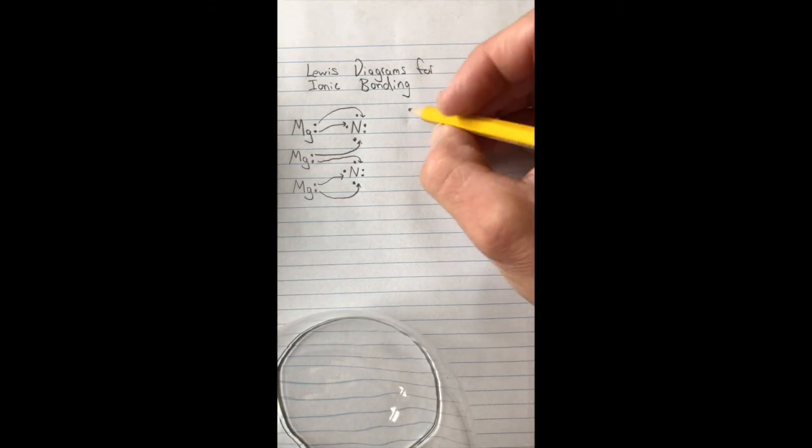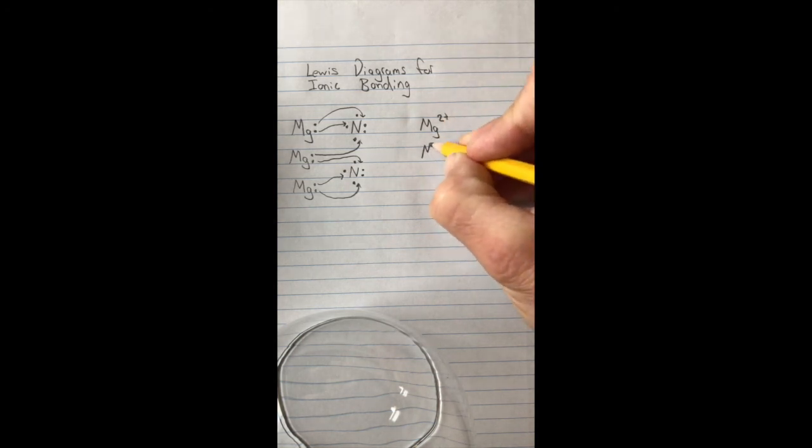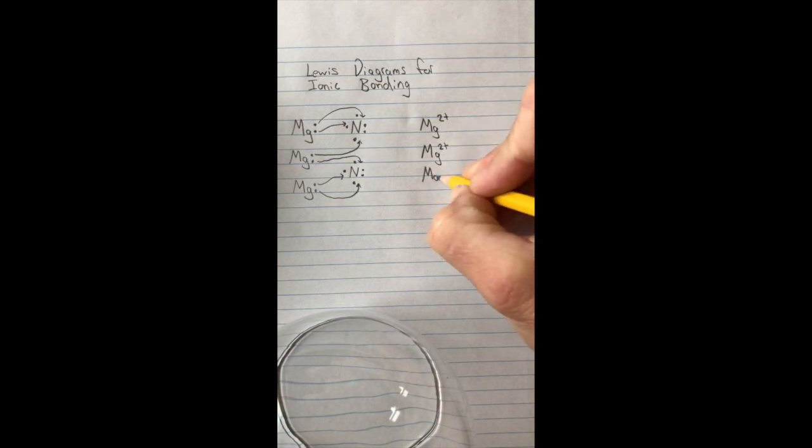So what did we end up with? We ended up with 3 magnesium ions and 2 nitrogen ions.